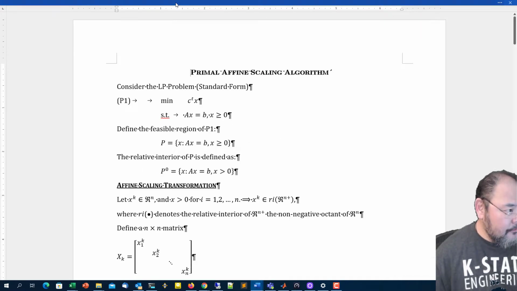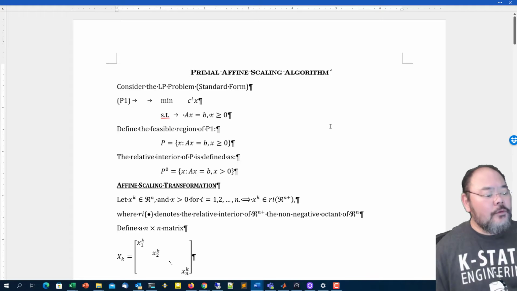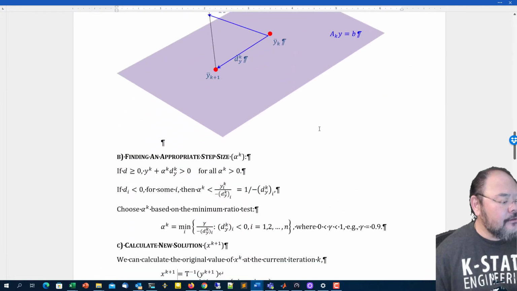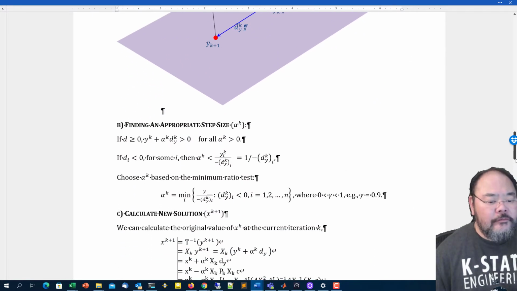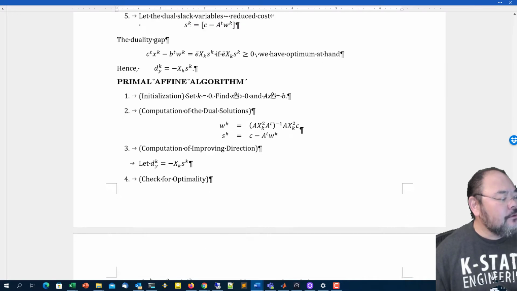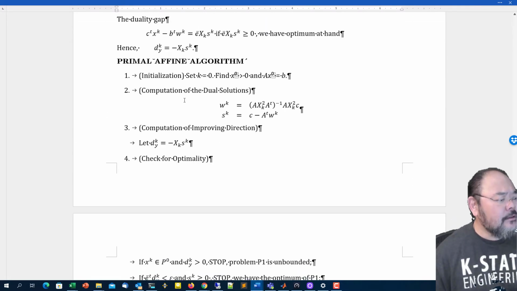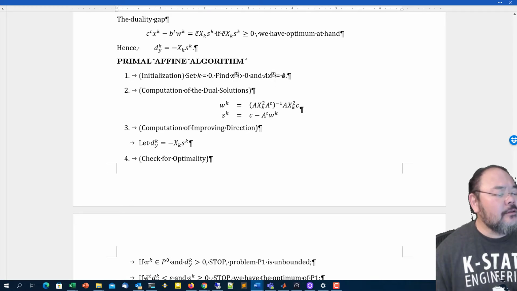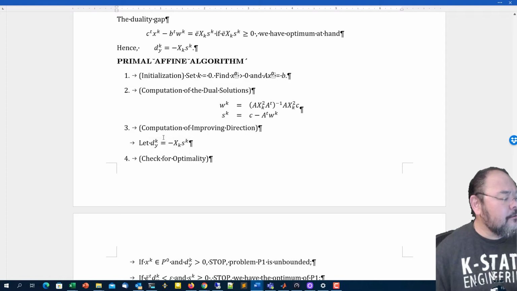I'm going to follow exactly the theoretical document we had previously in this subject, and at the very end I have a summarized algorithm presenting the primal affine algorithm. So let's review this quickly one more time. Initialization: k equals 0, x0 is greater than 0, and A times x0 equals b, and we can compute a dual solution omega k and sk. Then we can calculate the direction for y.